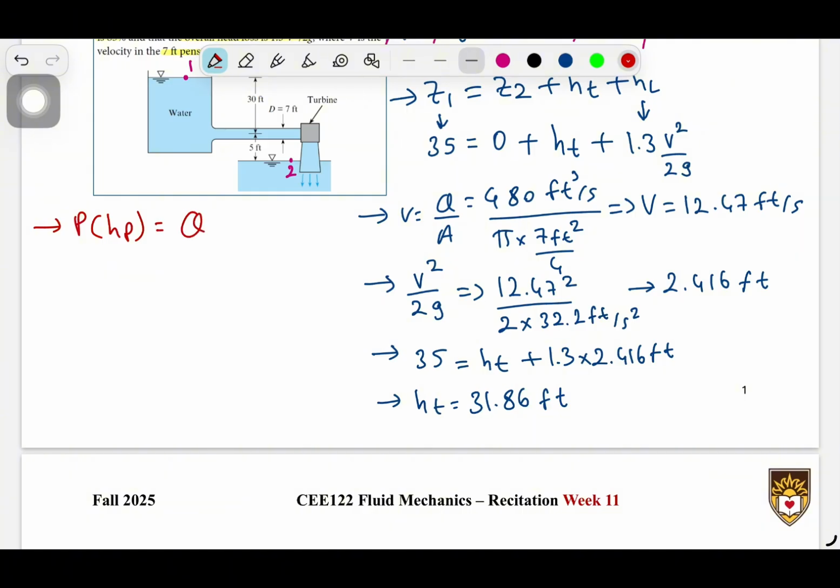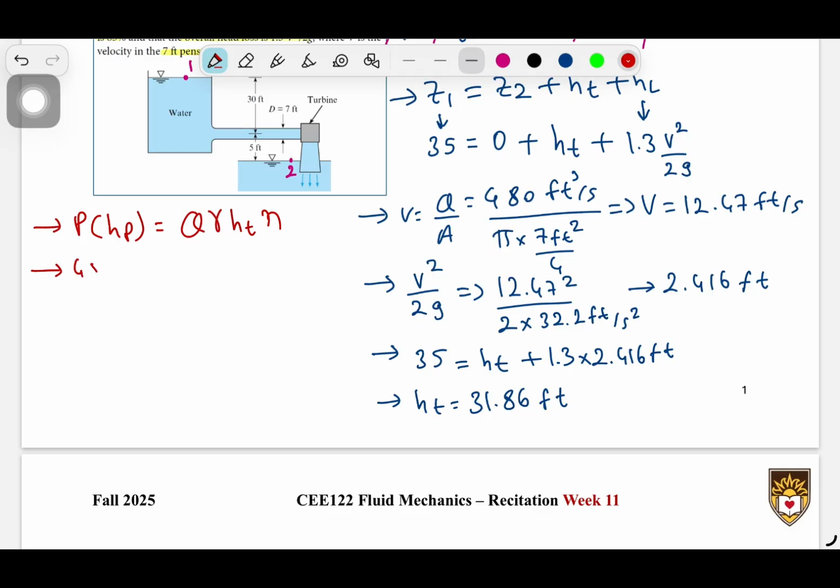Similar to what we do in calculating power of a pump, we have flow rate, we have specific weight, we have head, and we have efficiency on top. Let me continue with this first, then we can convert to horsepower.